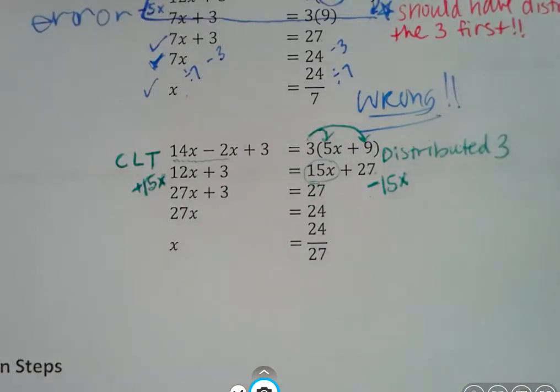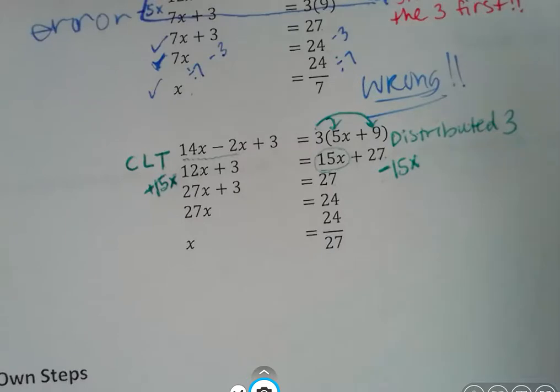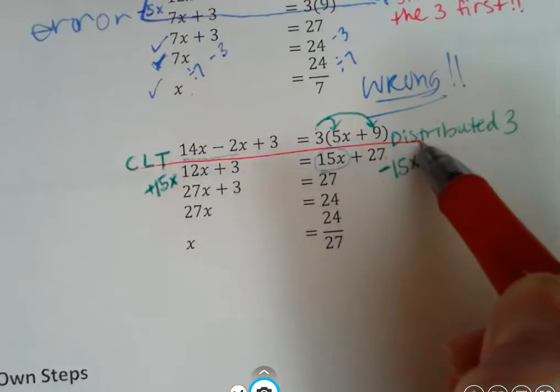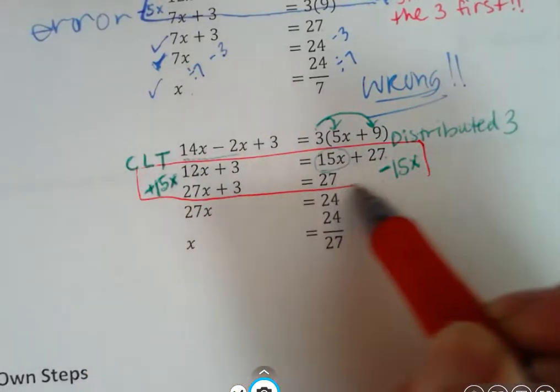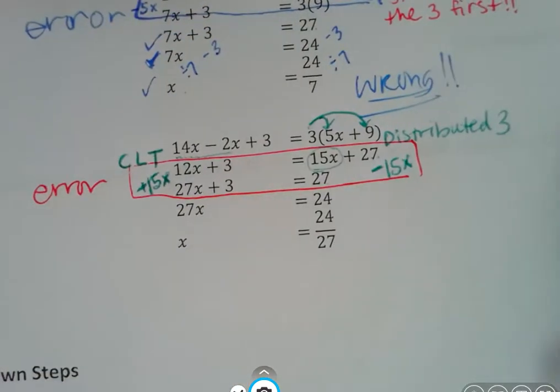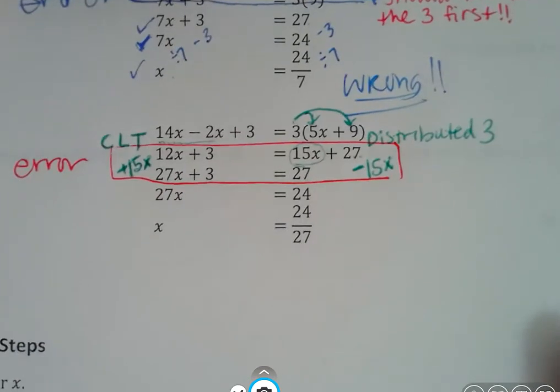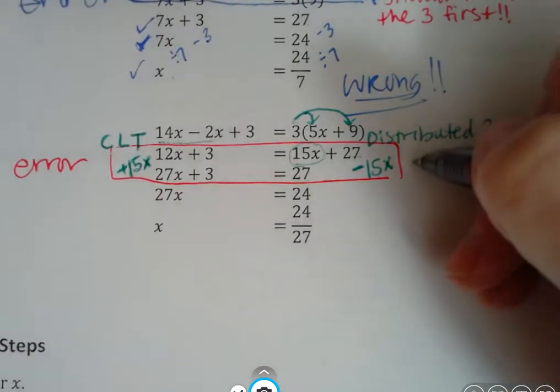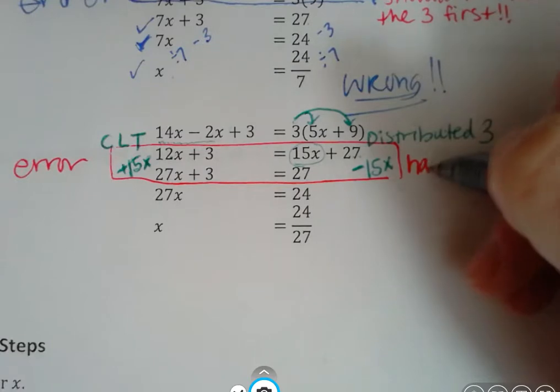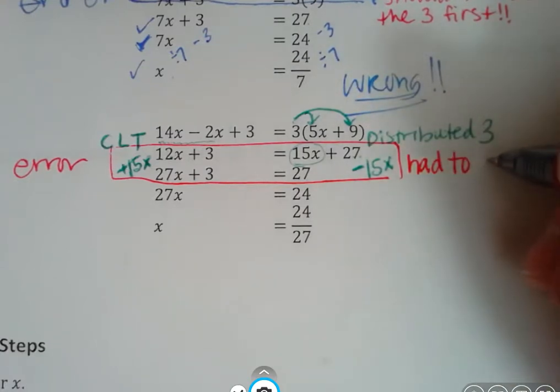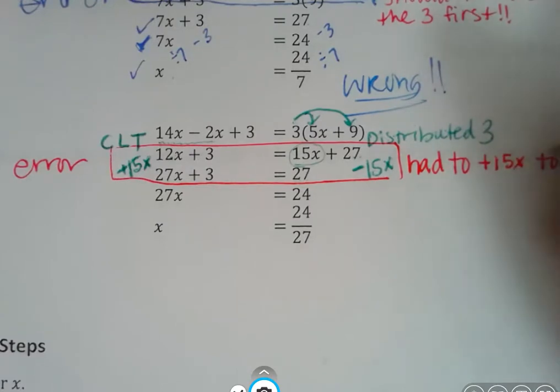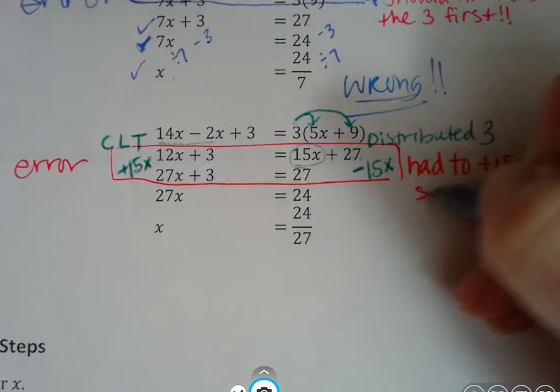You have to do the same thing on both sides. This is where the error is at. So the error is he had to add 15x to both sides.